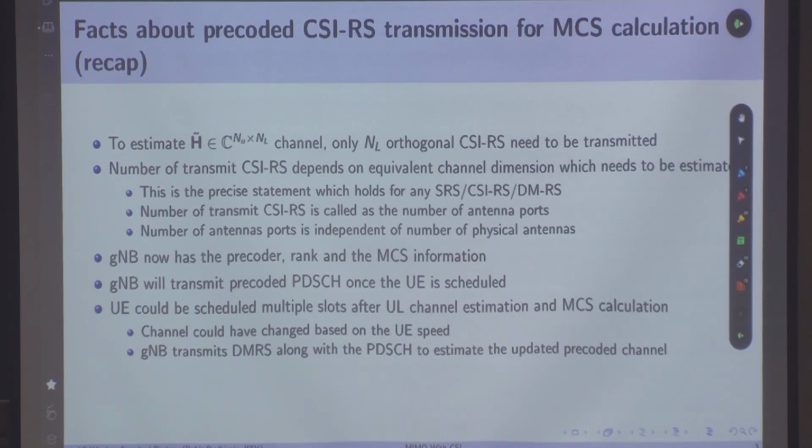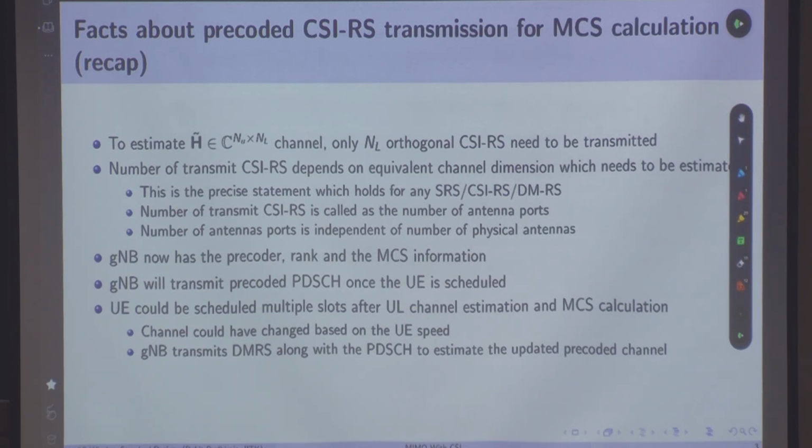For a MIMO transmission, you have to do a particular kind of receiver design. Even if it is a single layer transmission, you will have to do a receiver design. At least this receiver design is done based on the instantaneous channel information, basically the latest channel information which the UE should have. You will see that this DMRS, as we have discussed earlier, is always transmitted along with data. These two, the SRS and CSI-RS, are prior to data, correct?